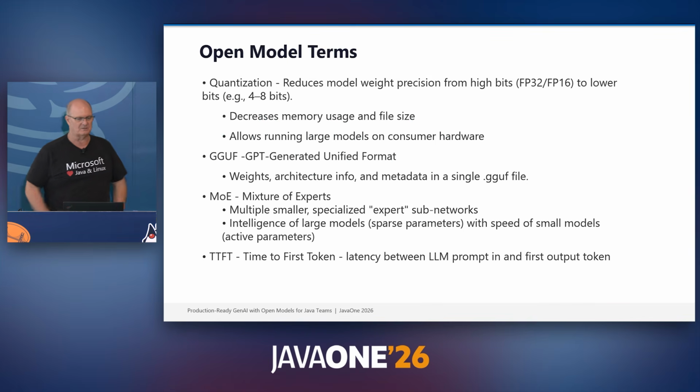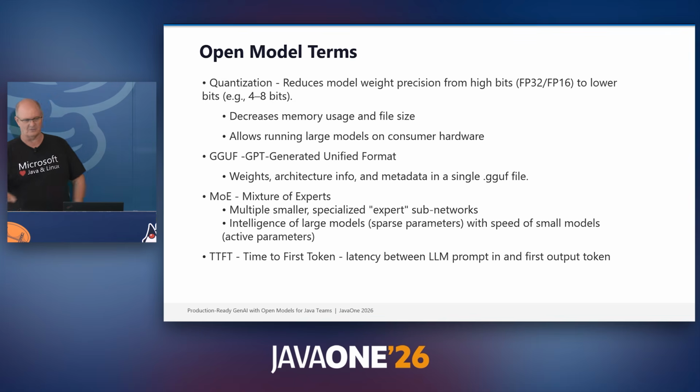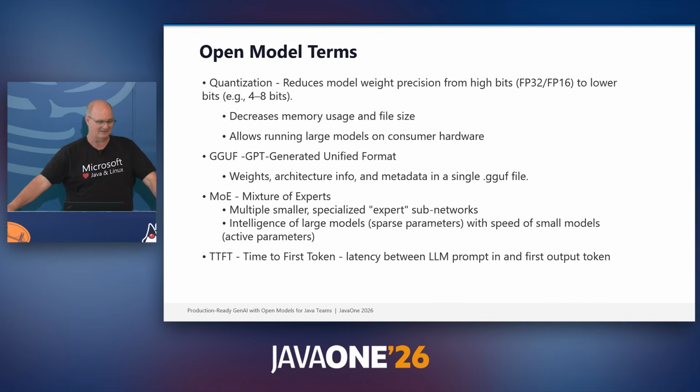So, open model terms. These are things we need to know. These get thrown around a lot when you're working with models in general, and I don't think everyone knows what they really mean. I'll be honest, I didn't know what GGUF meant. So quantization, basically the whole idea is you've got these quantized models that are basically smaller.